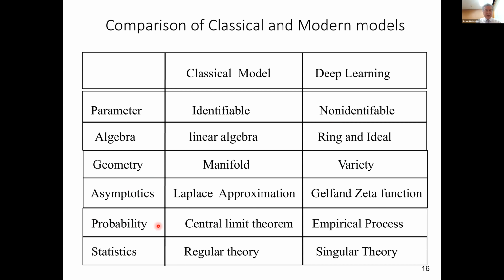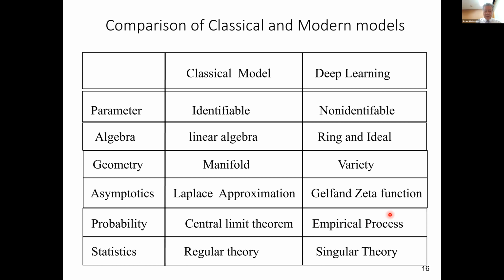As for probability theory, in classical models the central limit theorem plays a central role in the study of the classical model. On the other hand, to study deep learning, we need empirical process theory. Empirical process theory is a central limit theorem on a Banach space or function space.